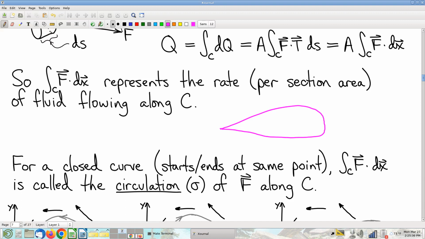Key fact. So let's talk about lift. It turns out that when you have a fluid, in this case air, flowing over a surface, that creates lift. That creates a force in that direction.